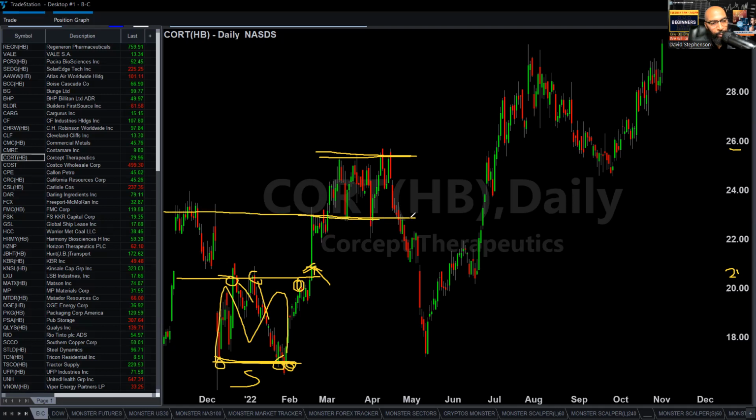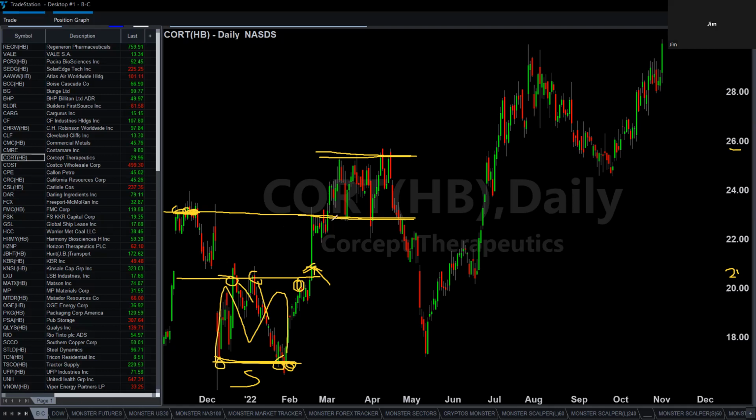How about here now? Okay, look at this. So this area here, is this a tough area for price to move higher? Did the price stop moving higher here?